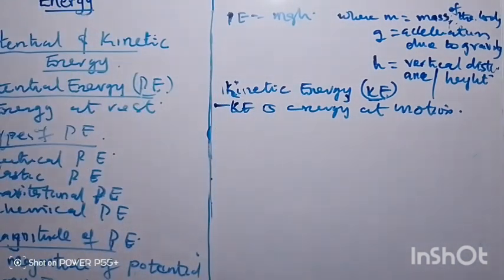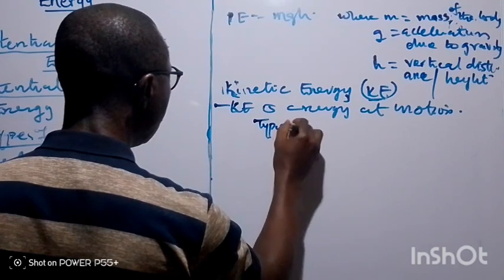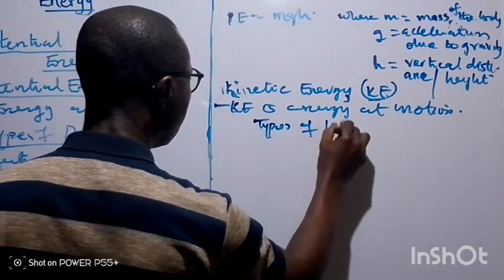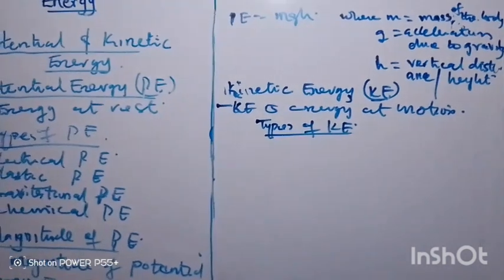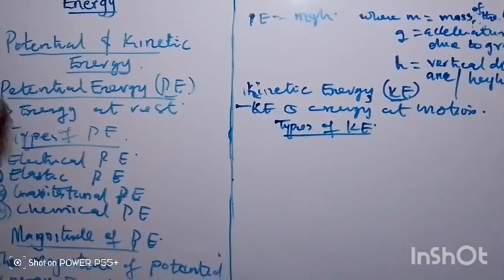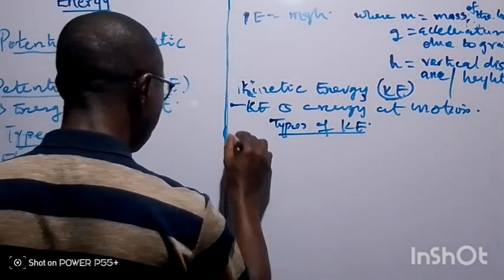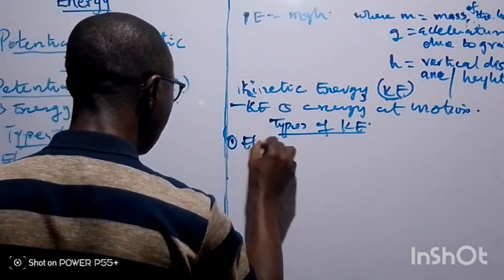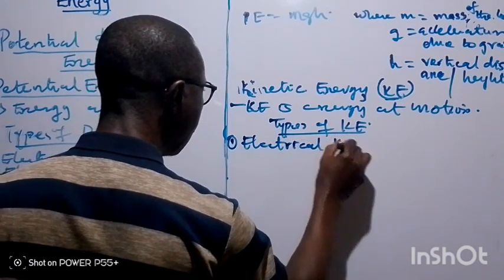Now, we can also have different types of kinetic energy, types of KE. As we have electrical potential energy when you have charges at rest, we can also have electrical kinetic energy. One, electrical kinetic energy.